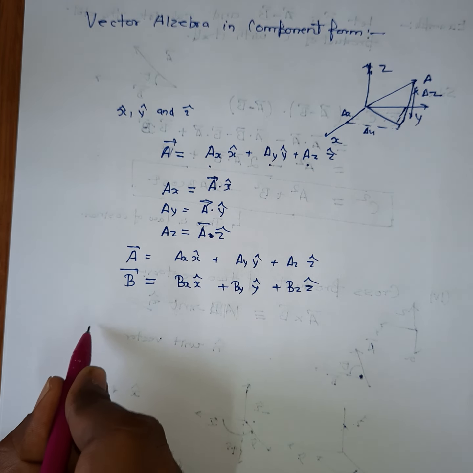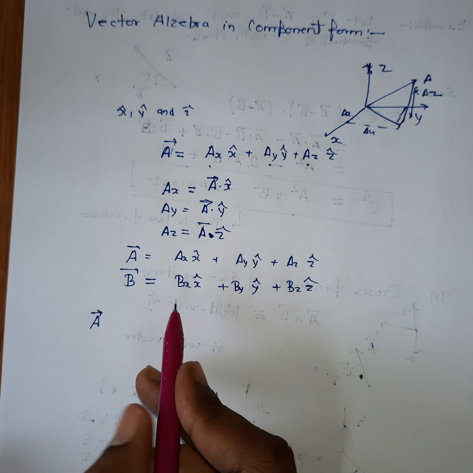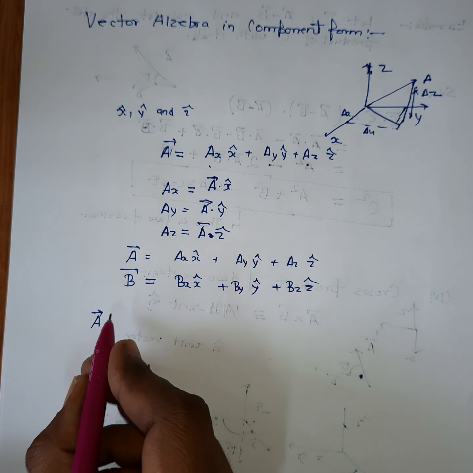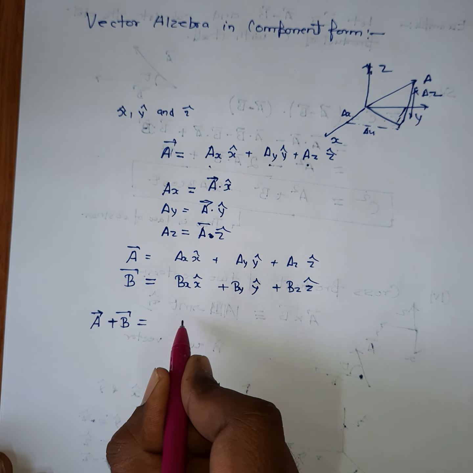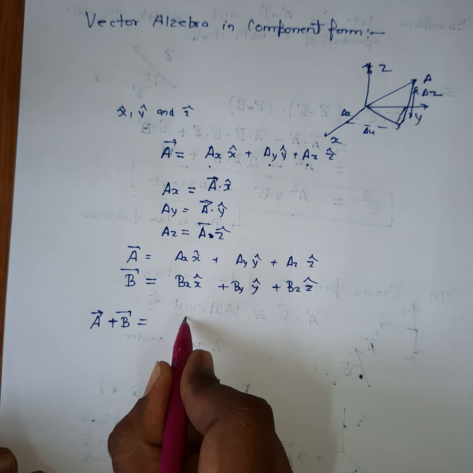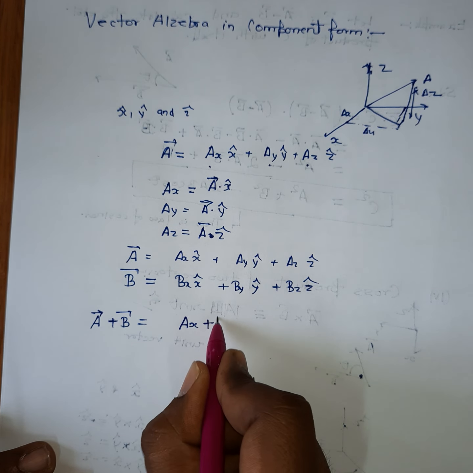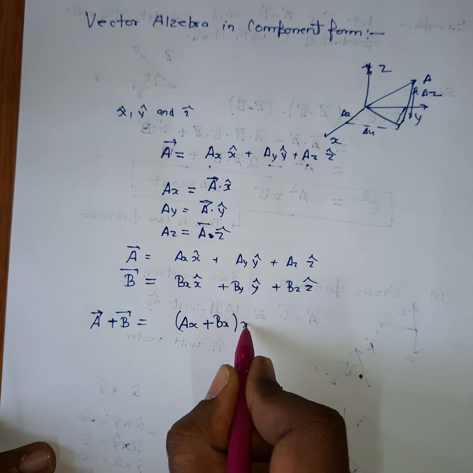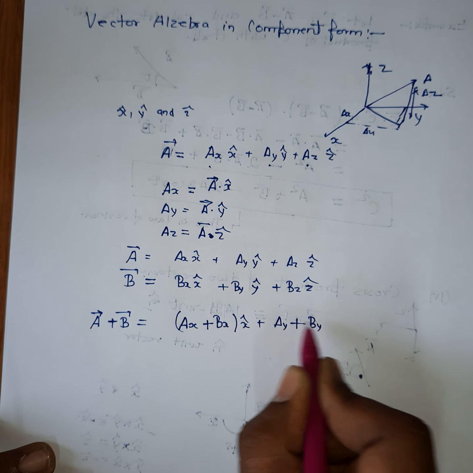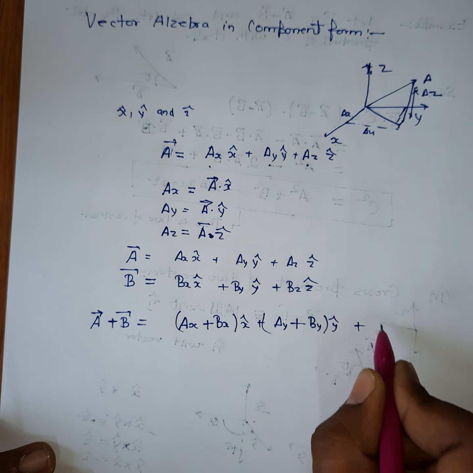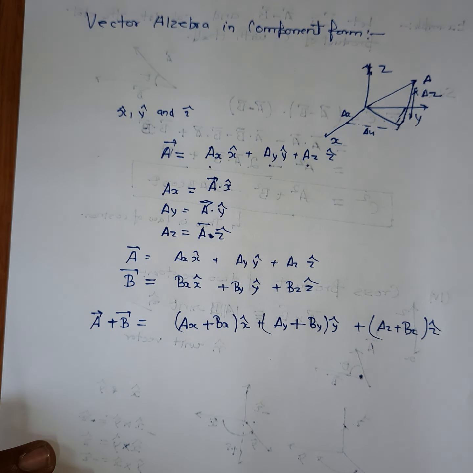Therefore, if you want to add these two vectors, you can add their respective components along x-axis, y-axis and z-axis. So a vector plus b vector can be written as (ax plus bx) x cap, plus (ay plus by) y cap, plus (az plus bz) z cap.